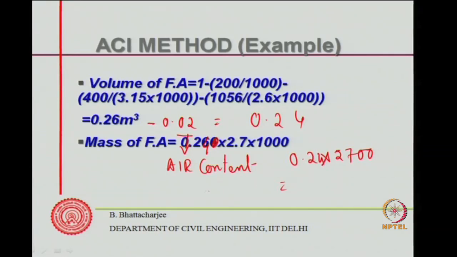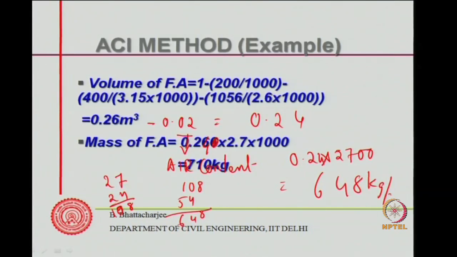So, 27 into 24 is 648. So, I get fine aggregate content will be 648, not 700, but 648 kg per meter cube.